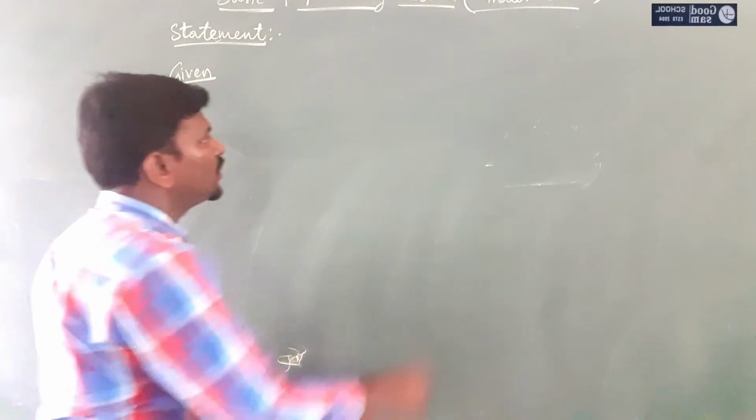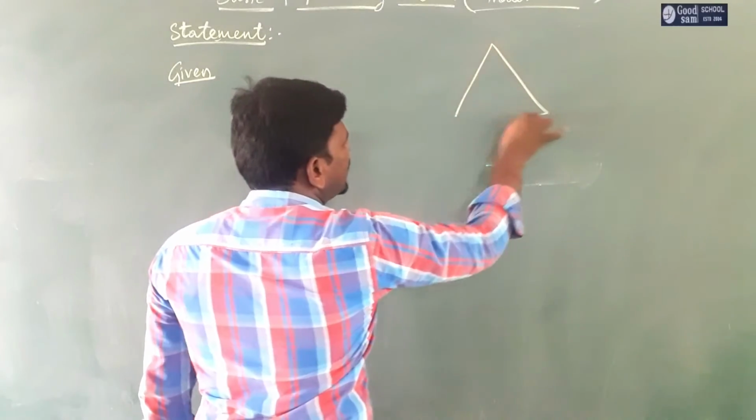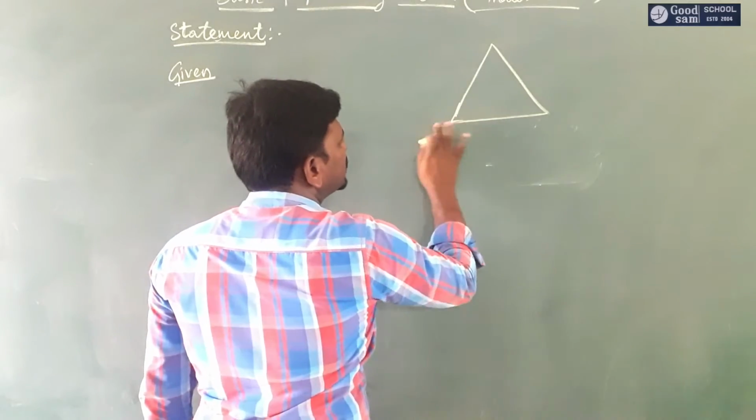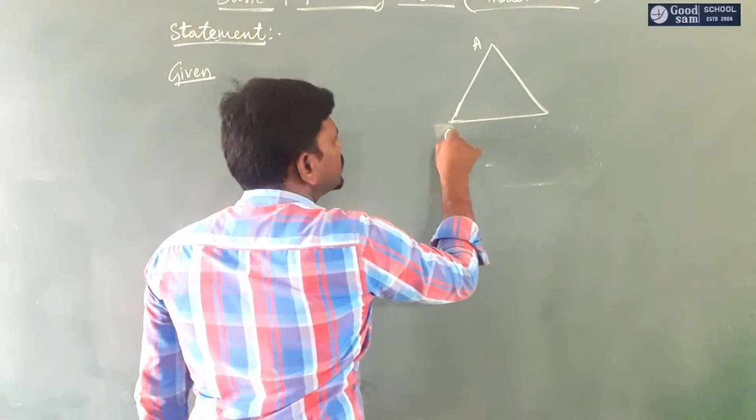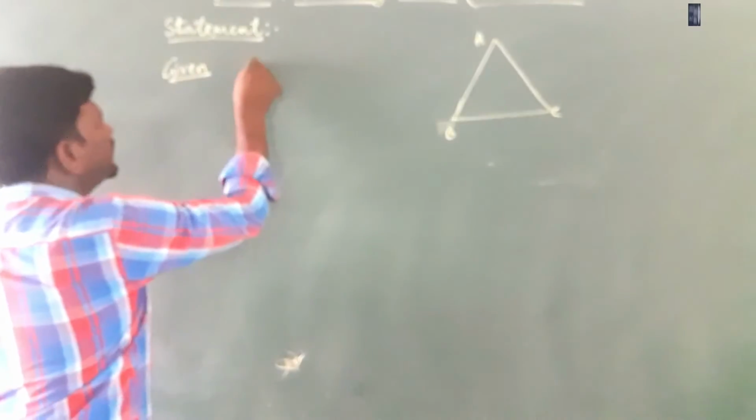Then the second one is given. In the given, ABC is a triangle.